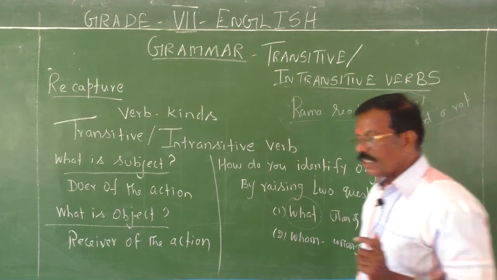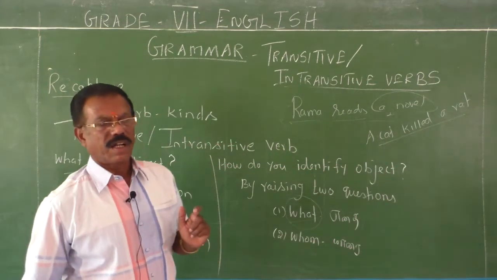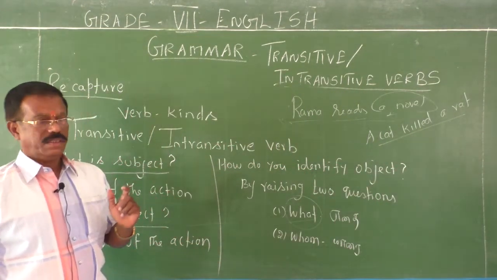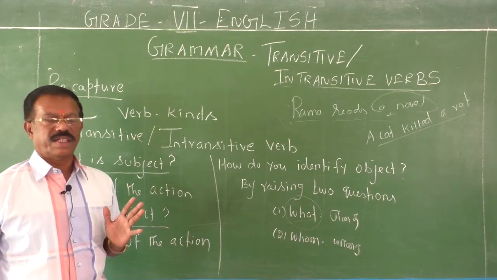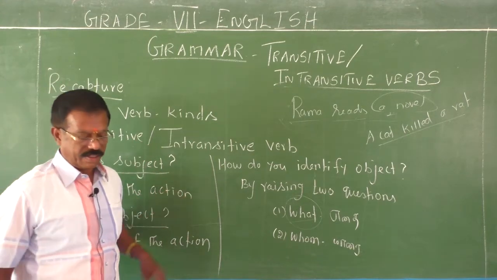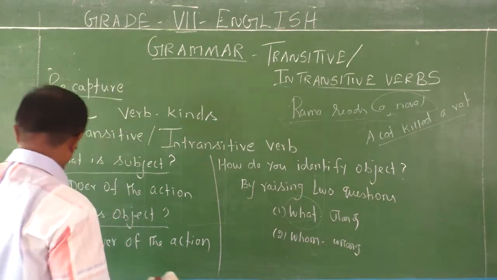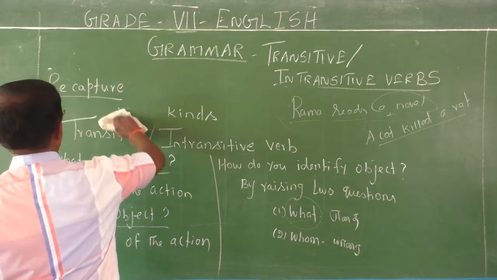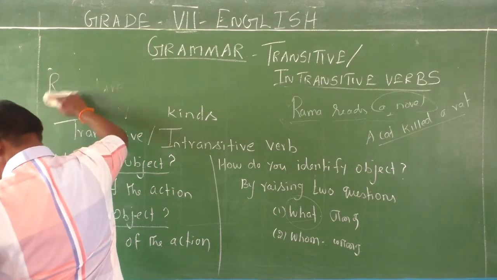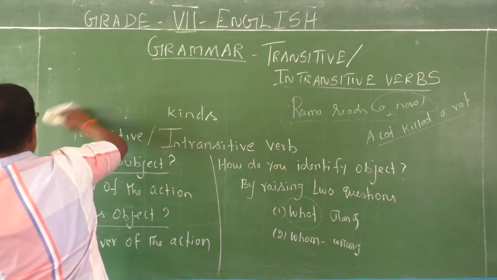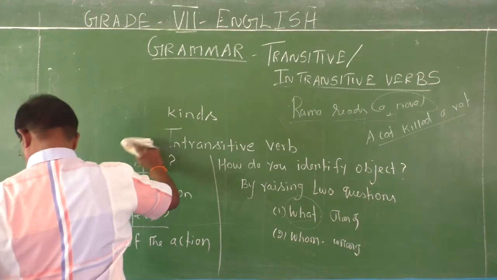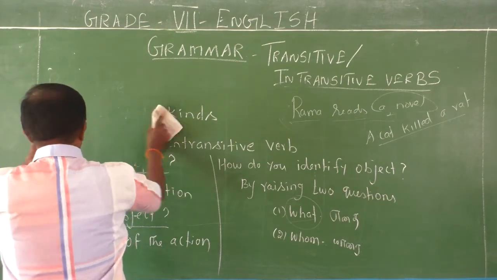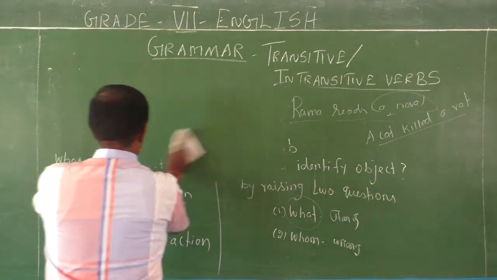Okay. Next, objects are of two types. There are two types of objects in English. Do you know, children? I will explain how to identify such different types of object in a sentence. Objects are of two types, children.